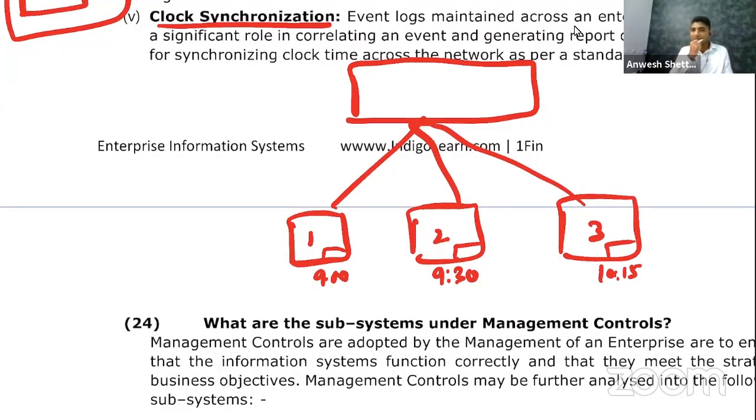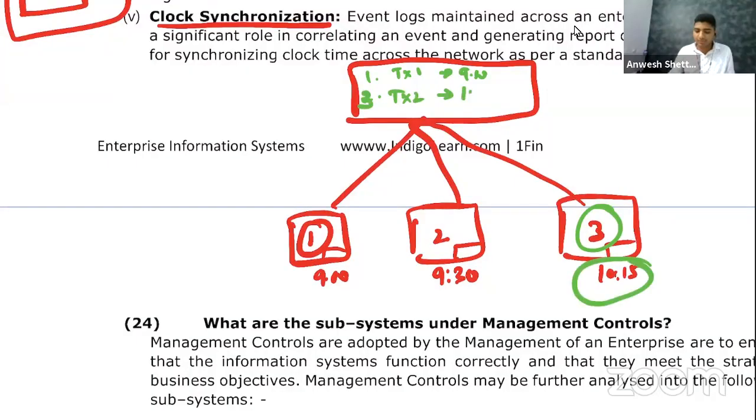Let us say some user does something in computer 1. The monitoring computer will record that transaction 1 was done at 9 o'clock. At the same time, somebody does something at computer number 3, so you will record that transaction 2 was done at 10:15, because that is the time of computer 3.